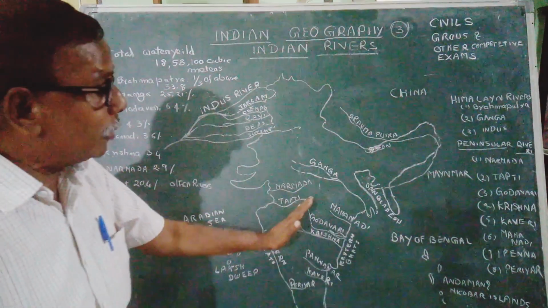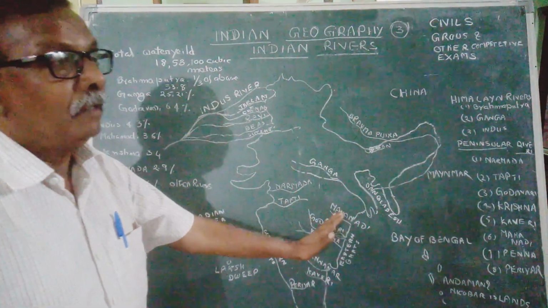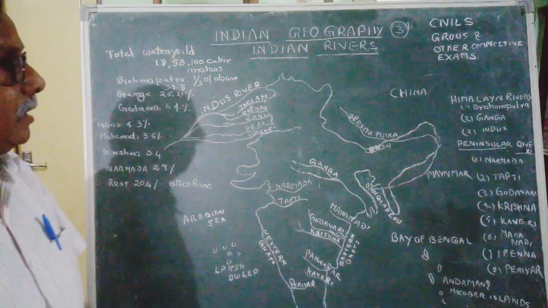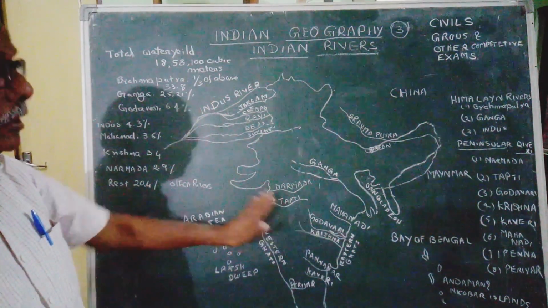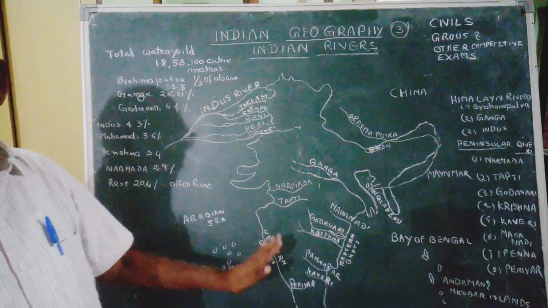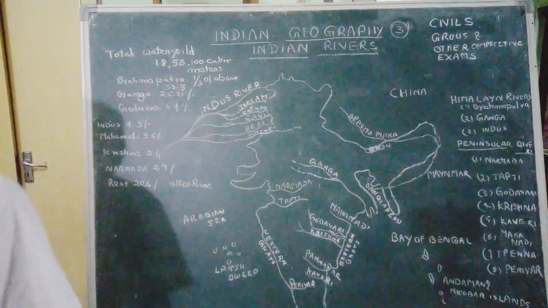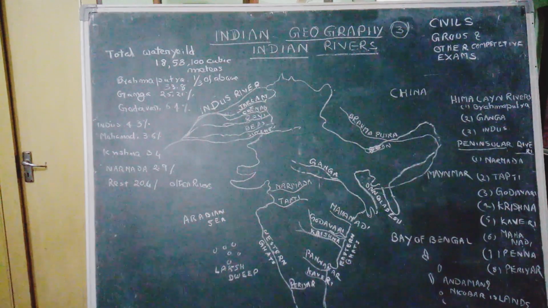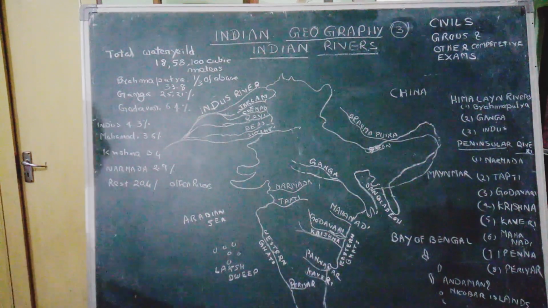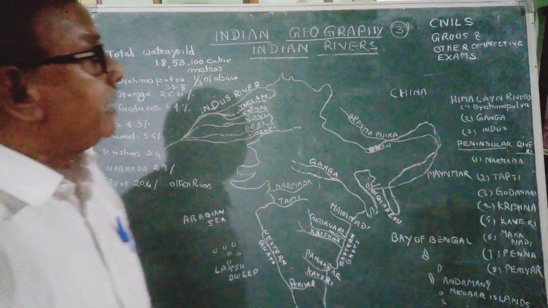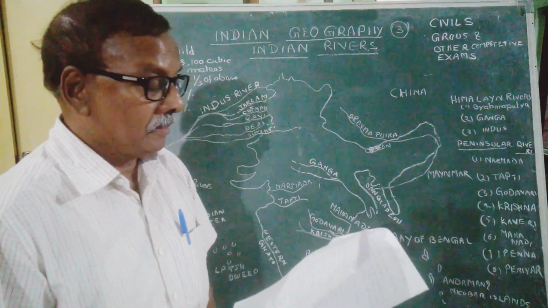The rivers flowing eastward flow into the Bay of Bengal, and the rivers flowing westward, that is Narmada and Tapti, flow into the Arabian Sea. These are not perennial rivers, they are rain-fed rivers.